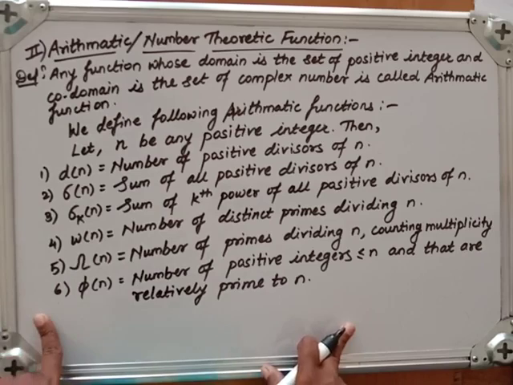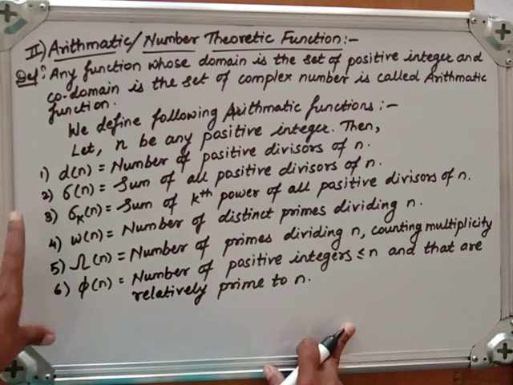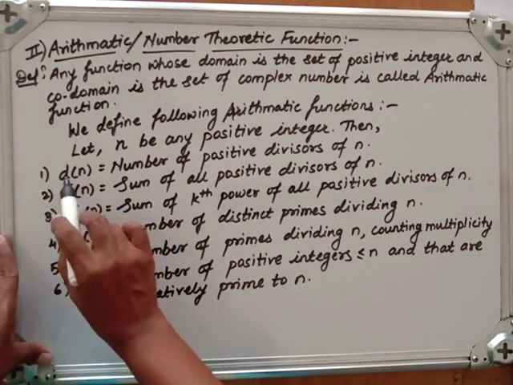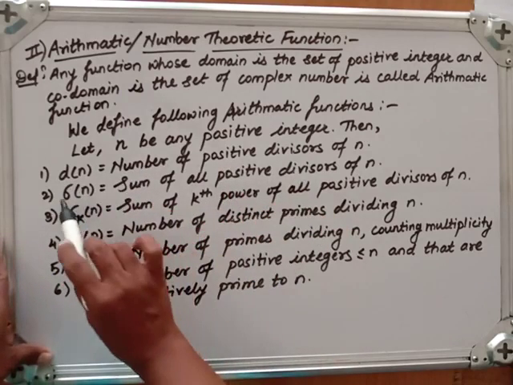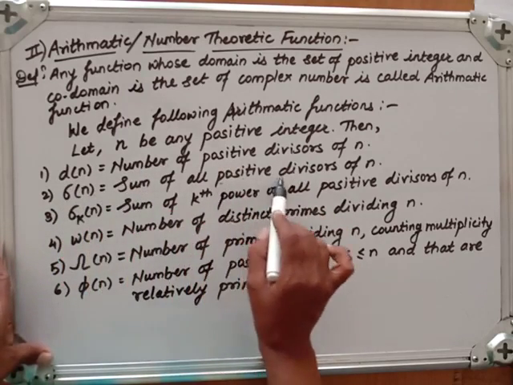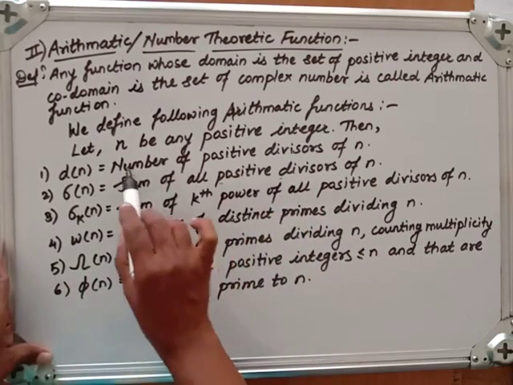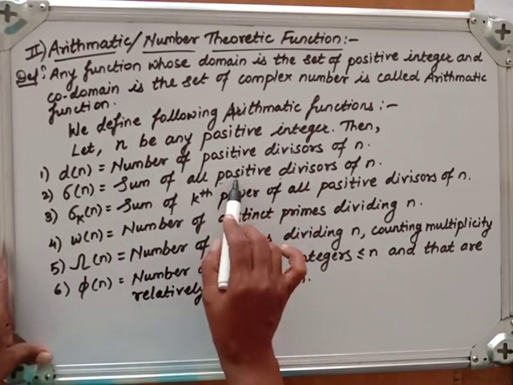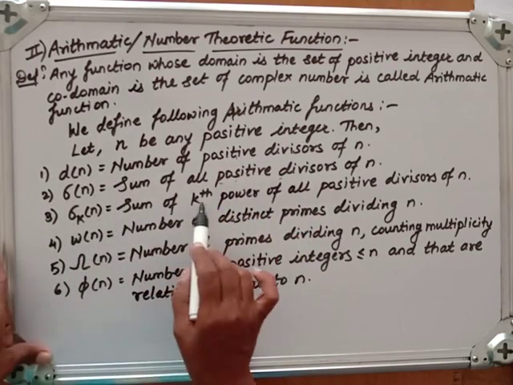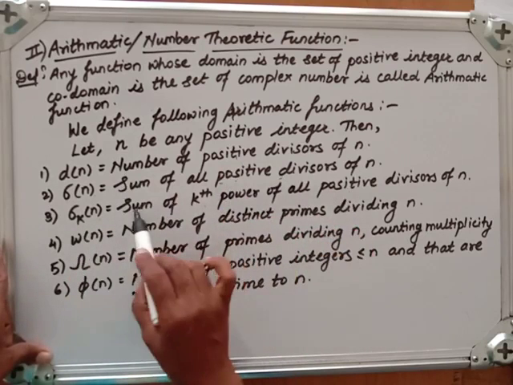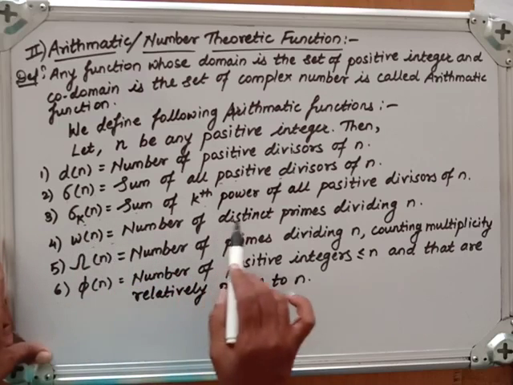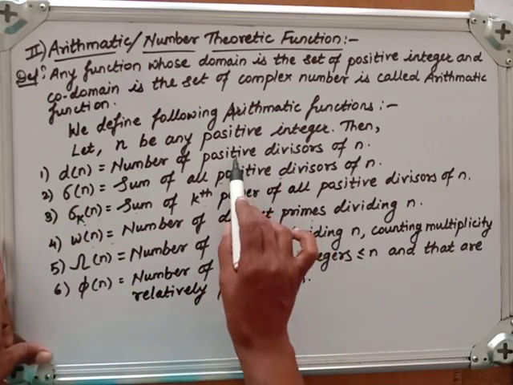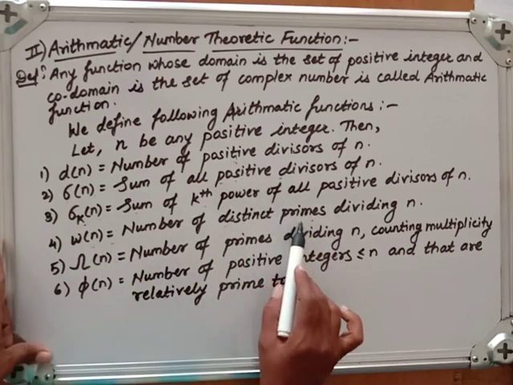Now let's see some examples on these. Remember d(n) will be the number of positive divisors of n. Sigma(n) will be the sum of all positive divisors of n. Here we take the kth power of these divisors and take a sum of them, that will be sigma_k(n). Omega(n) will be the number of distinct primes, among these divisors we have to count primes.